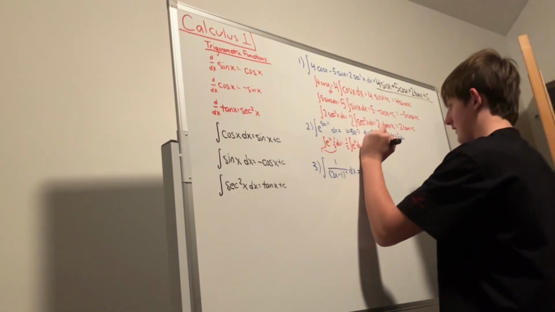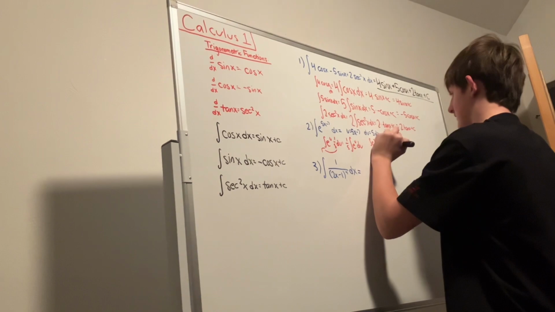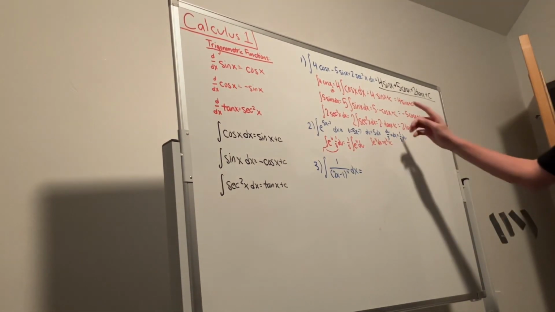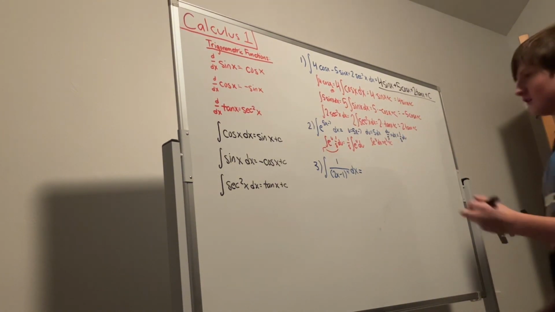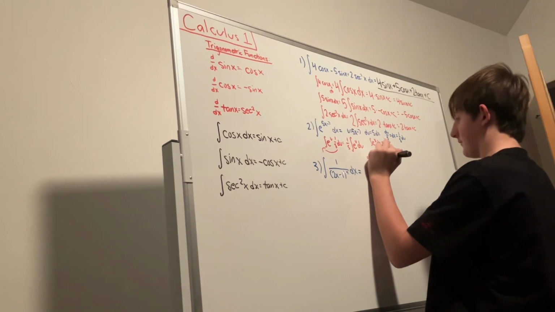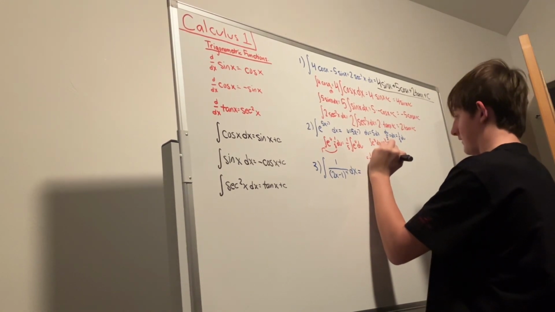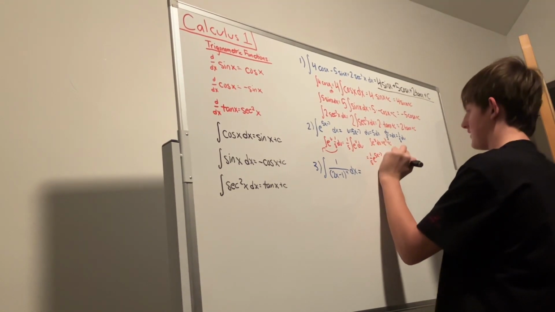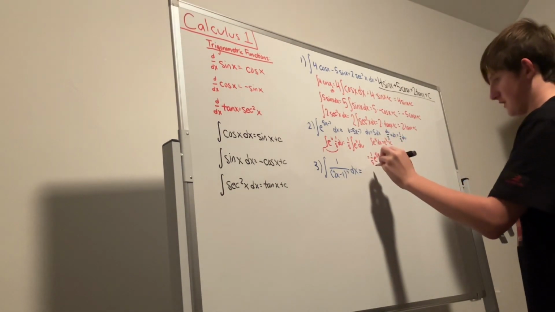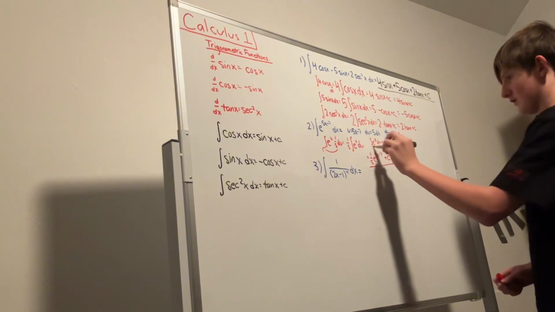The integral of e to the x dx is just e to the x plus c. So we apply the same principle, except we plug u back in. This is going to equal 1/5 times e to the 5x minus 7 plus c. And that is going to be our answer.